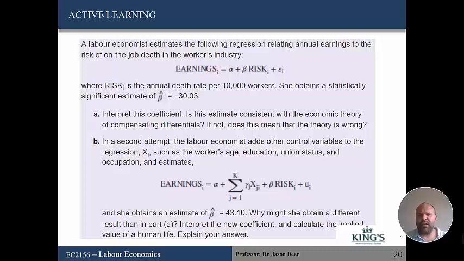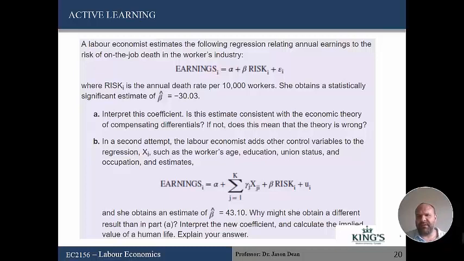Okay, well, let's think about this. This is saying that a 1 unit increase in risk results in a fall in earnings of 30.03. The problem here is that it's a negative relationship, so this estimate is not really consistent with theory.